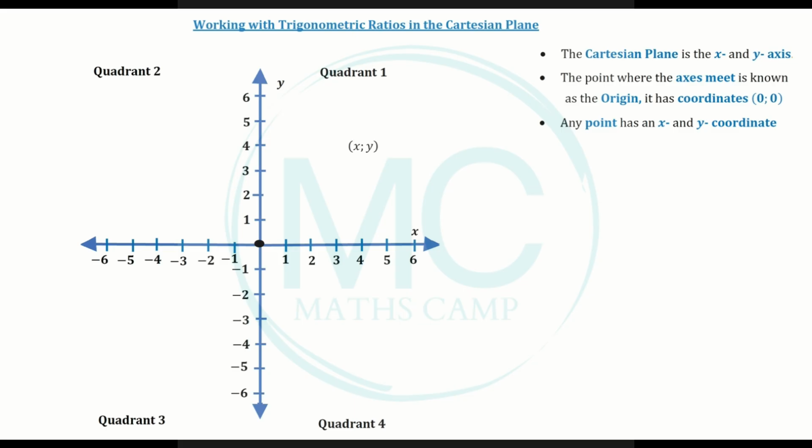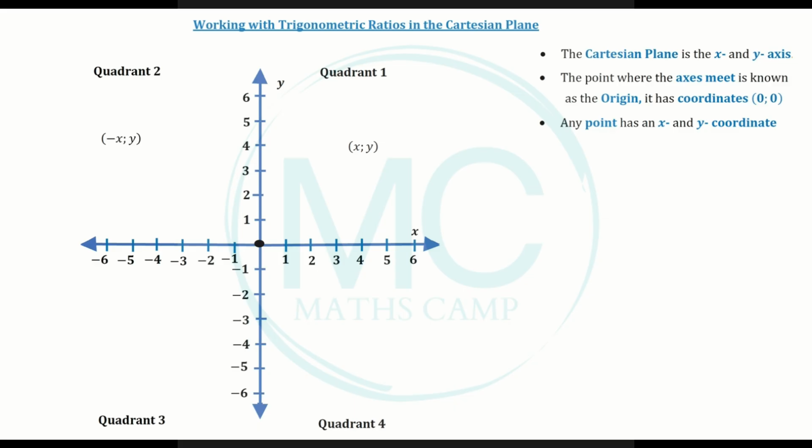Quadrant 2 is to the left of the origin, so any point in this quadrant will have a negative x coordinate, but the quadrant is still above the origin, so our y coordinate will still be positive. This means that any point in this quadrant will have the coordinates negative x, positive y.